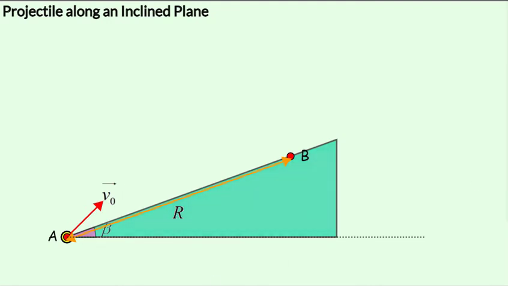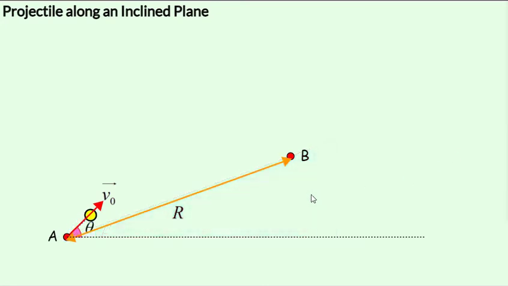Actually, the presence of the incline causes some psychological difficulties in our thinking. So let's remove the incline and rephrase this problem. Now it more or less appears like what we've been used to all this while, that is, a projectile launched from the ground. The presence of the incline will not cause any change in this trajectory.